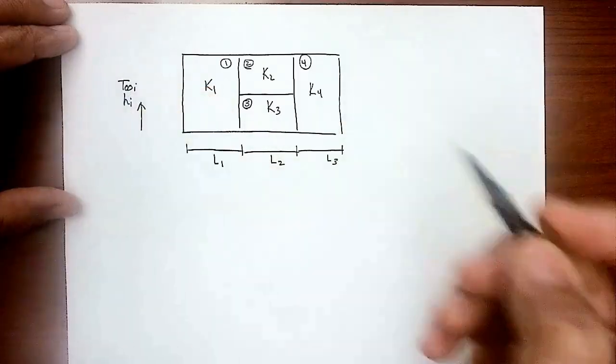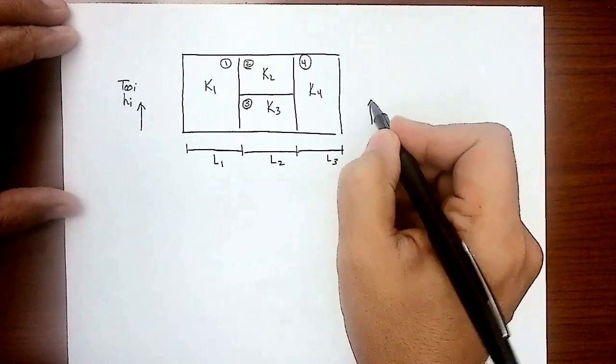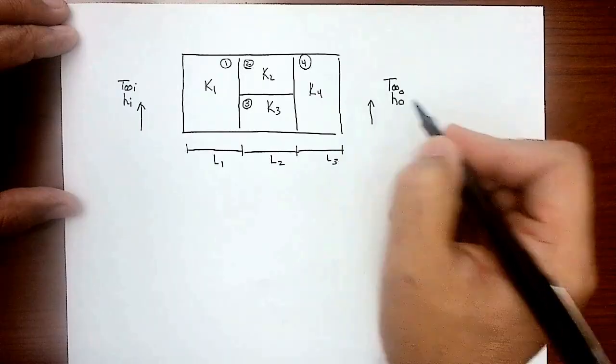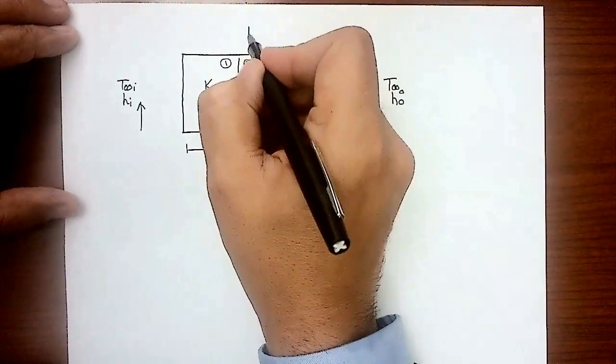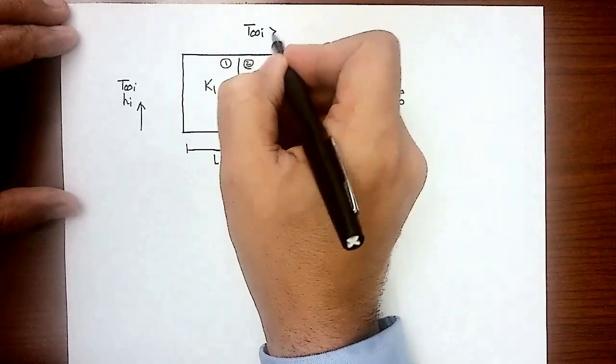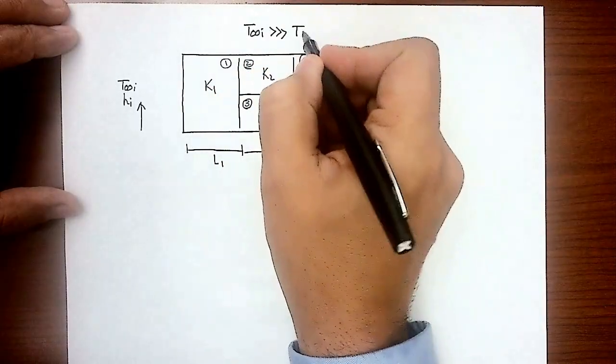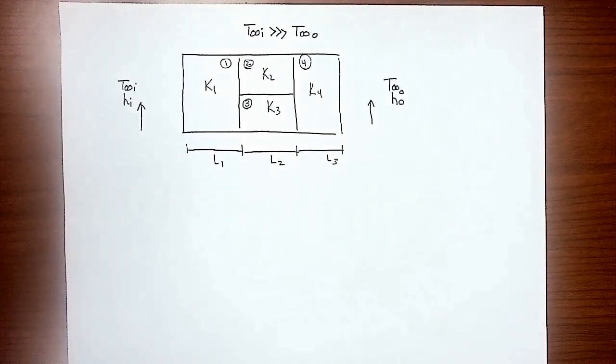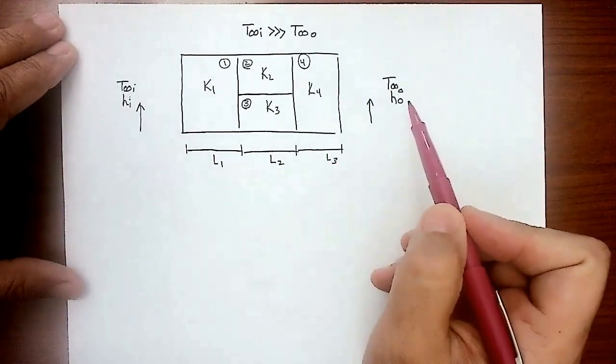I stand for the inner face. And on the outside here, I have T infinity out and H out. And let me assume that T infinity I is much, much higher than T infinity out. So if there is any temperature difference, we should have thermal energy transfer. So I know that energy has to go from this way to this way, right?